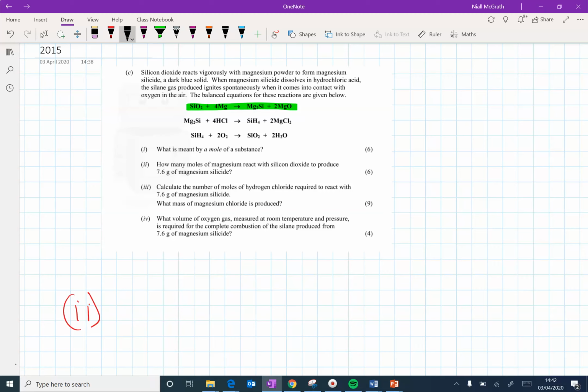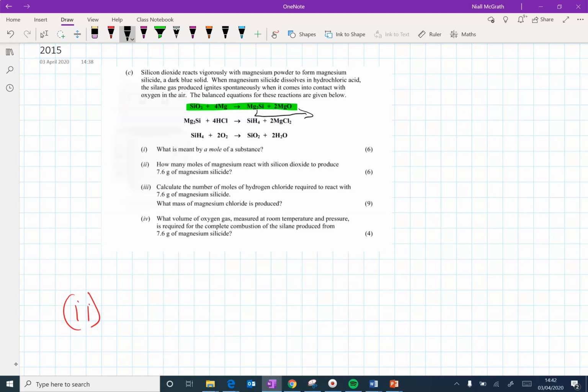So how many moles of magnesium react with silicon dioxide to produce 7.6 grams? So we have the mass of our magnesium silicide, and we'll be able to calculate our relative mass as well. So from that we'll be able to work out the number of moles of our different compounds.